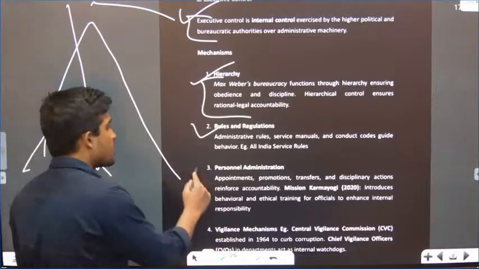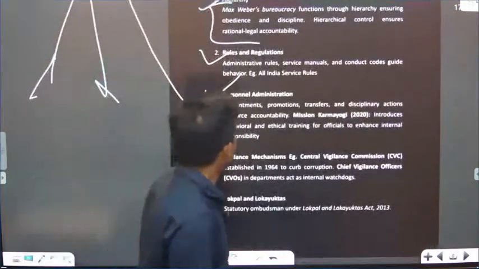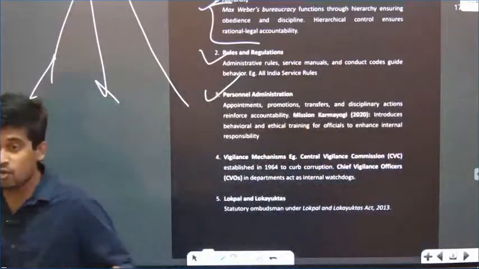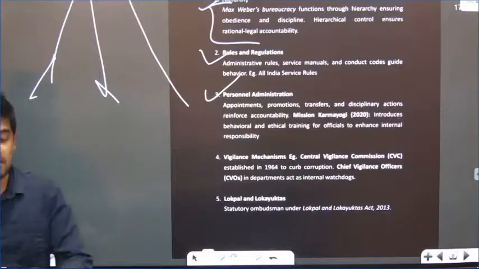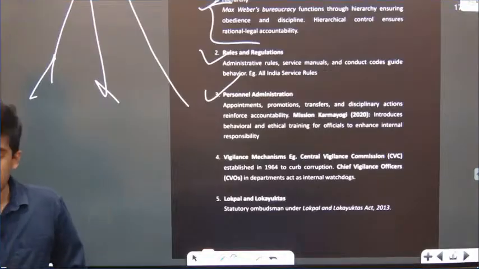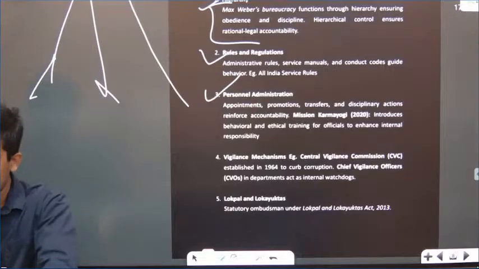Similarly, there is something called personnel administration. That means promotions and transfers. These are the things on which that internal control is made. If some person is very good in terms of disaster management, the government can send that person to take care of a disaster. So that is personnel management.